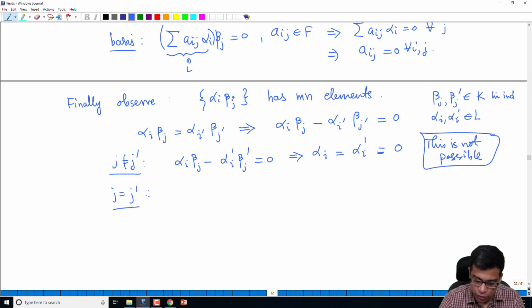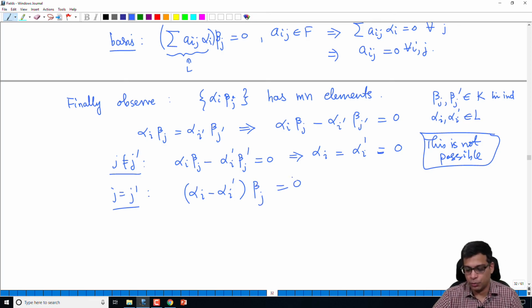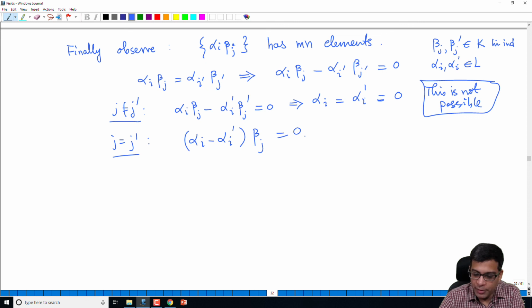If j is equal to j prime, what we have is alpha i minus alpha i prime times beta j is equal to 0. But beta j, remember, is a linearly independent vector. That means it's non-zero. Any non-zero vector times a scalar is 0 means that scalar is 0. This in particular means that alpha i is equal to alpha i prime.